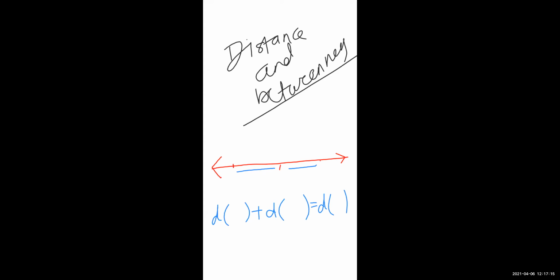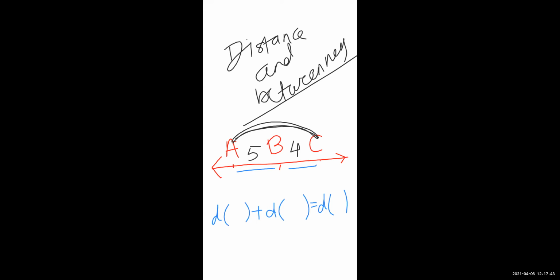Now here, I am just mentioning A, B and C. The distance between AB is 5 and the distance between BC is 4. Now suppose I ask for the distance between AC.